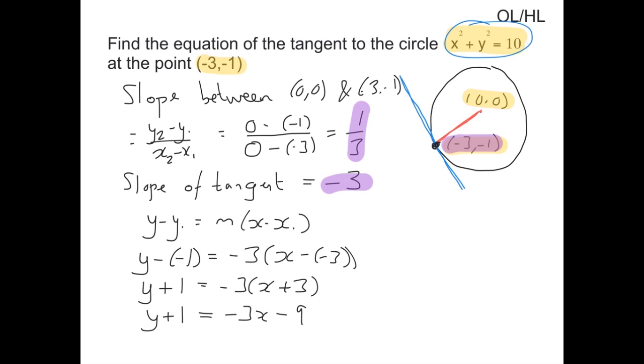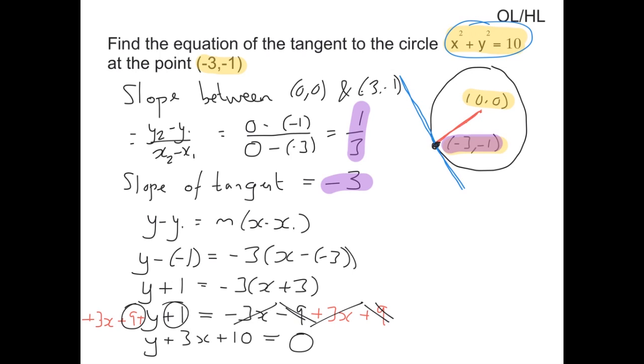And then bringing everything to one side of the equals by adding 3x and 9 to both sides, we get our equation of our line to be y plus 3x plus 10, because we have 9 plus 1, is equal to, and on the right hand side here we just cancel and cancel to get 0.